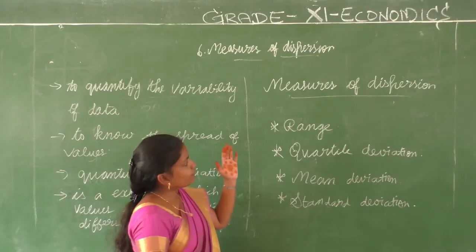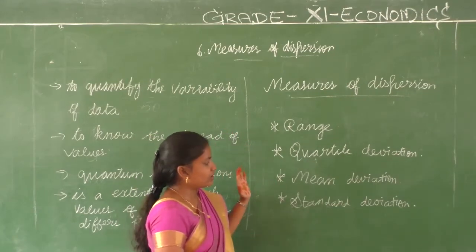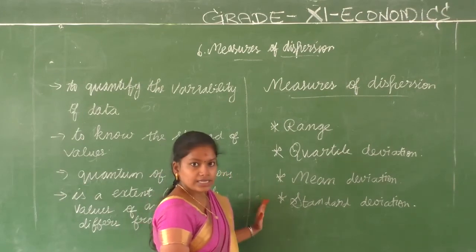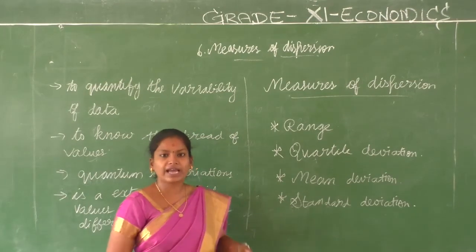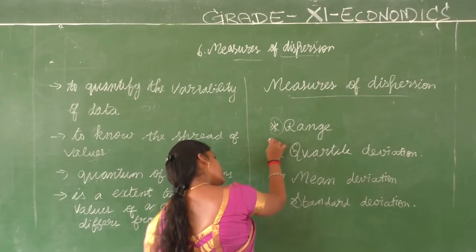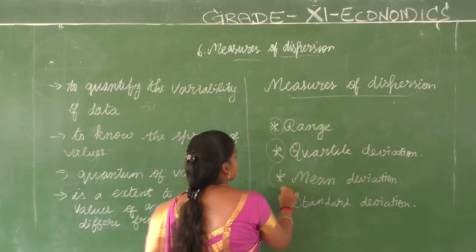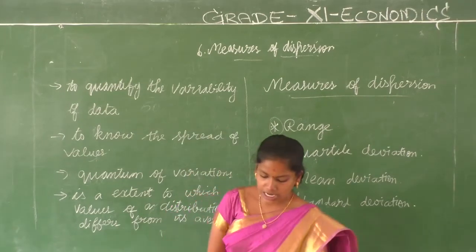Right children, what do we have? We have range, quartile deviation, mean deviation, standard deviation. These are the four measures of dispersion we have. Out of these, range is in the deleted portion, quartile deviation deleted portion, mean deviation deleted portion. We are going to discuss standard deviation in detail.